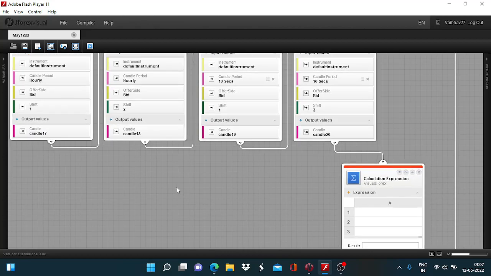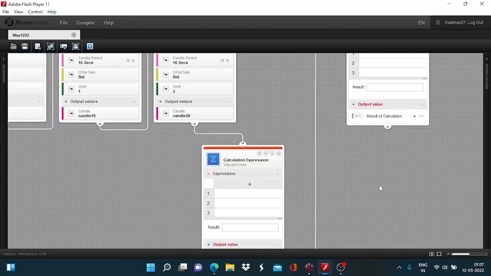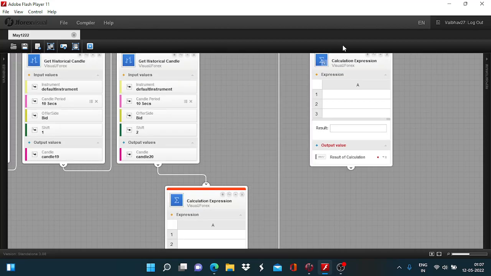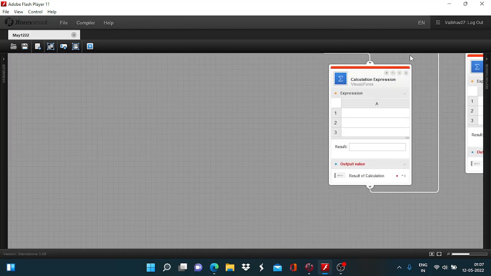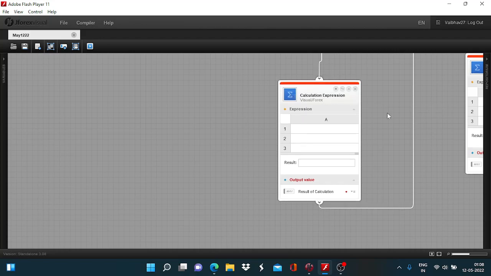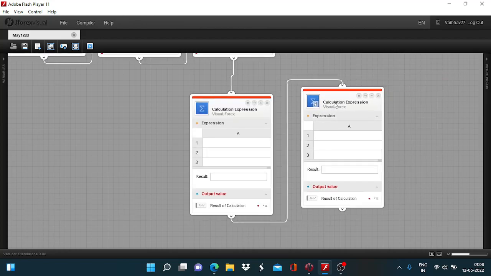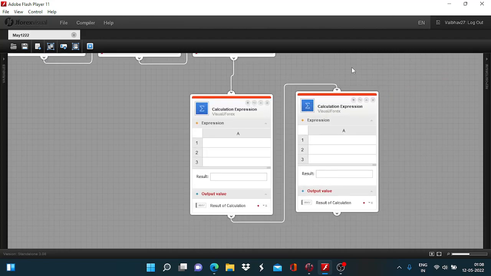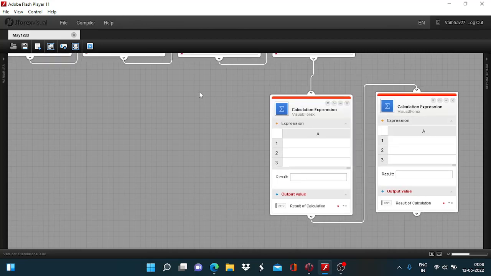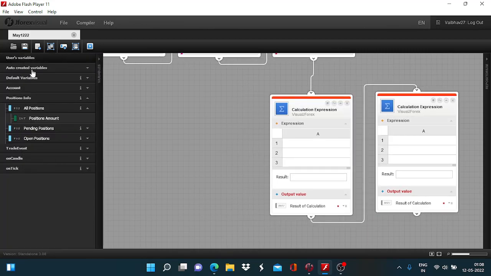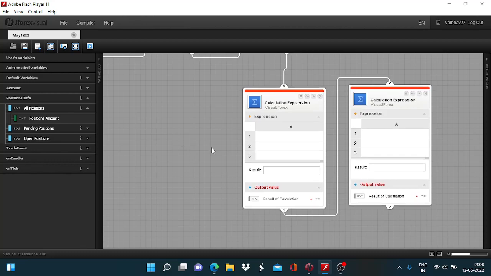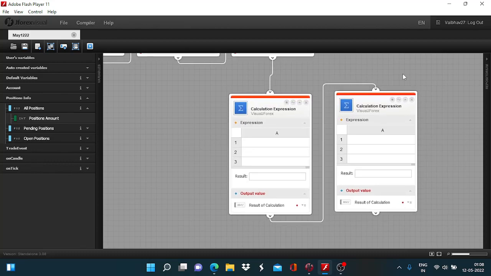So I will take candle 17's candle open and close price. Sorry. Now we will get this done.